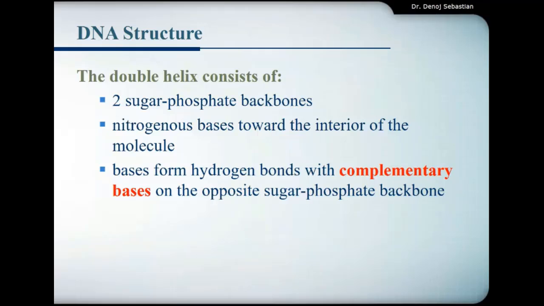So nitrogenous bases were oriented towards the interior portion of these 2 helical ladder-like structures, which means actually it forms the steps of the ladder. And the nitrogenous bases form hydrogen bonds with the complementary bases in the same step of the ladder, on the opposite sugar phosphate backbone.